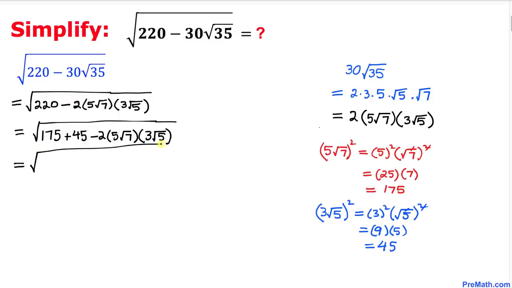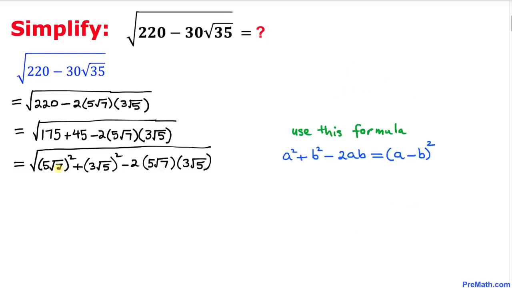Square root of this whole thing is going to be 5 times square root of 7 and then square, plus likewise 3 times square root of 5 and then square, and the rest is same. 2 times 5 square root of 7, and then times 3 times square root of 5.